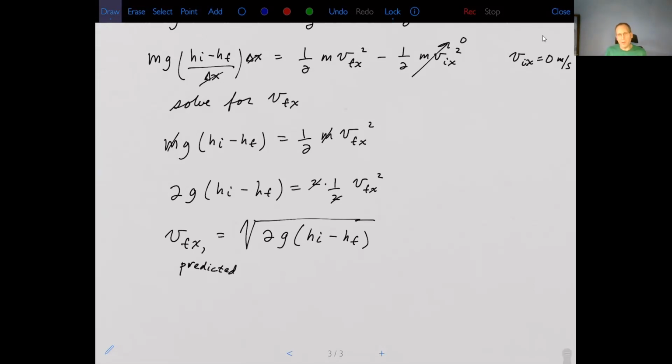So really the goal of this first part of the lab is to compare the predicted final velocity with an experimental final velocity. This is the predicted one, predicted from the work energy theorem. What's the other way that we can find the final velocity? It'll be our experimental one, the second way.